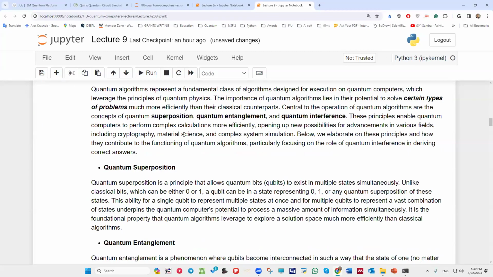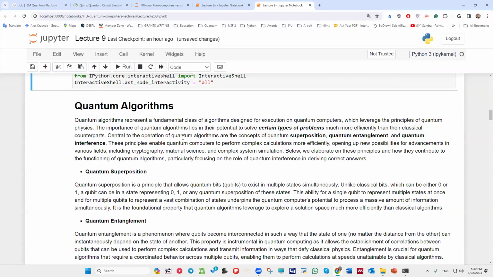All right, so the quantum algorithms. There are different quantum algorithms, and there is very extensive research work today on developing new quantum algorithms for different purposes.